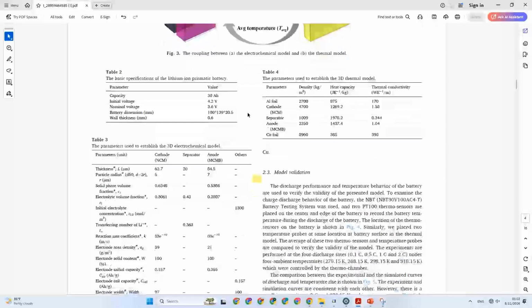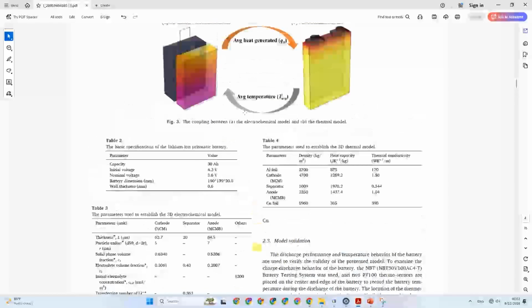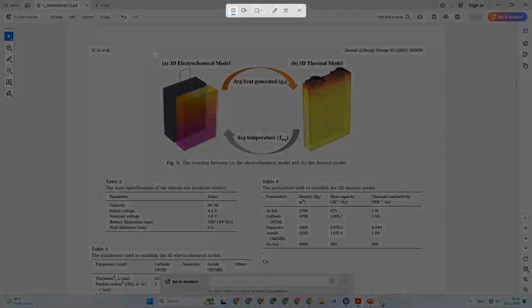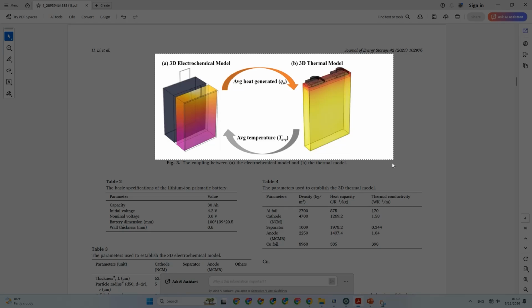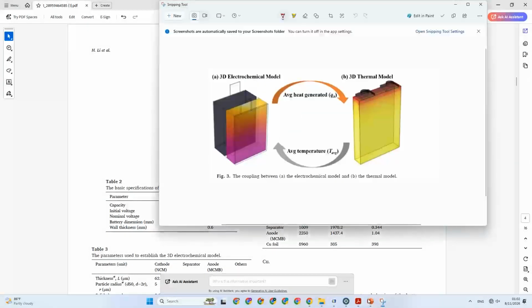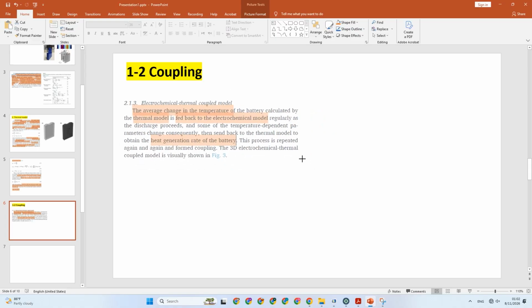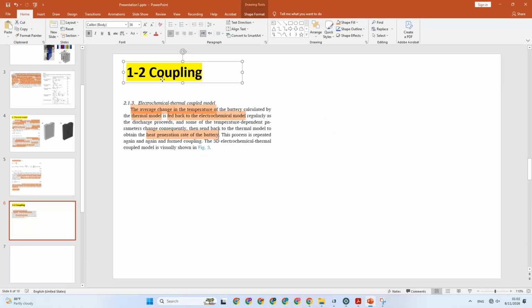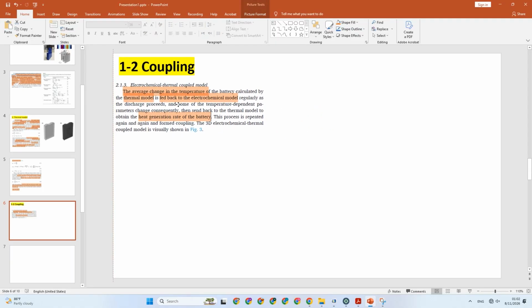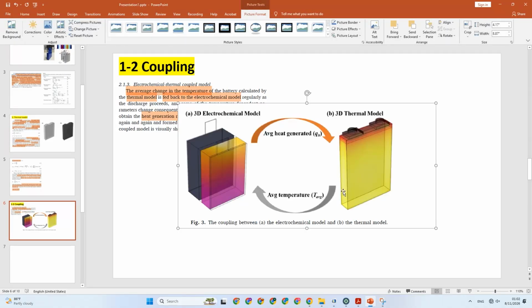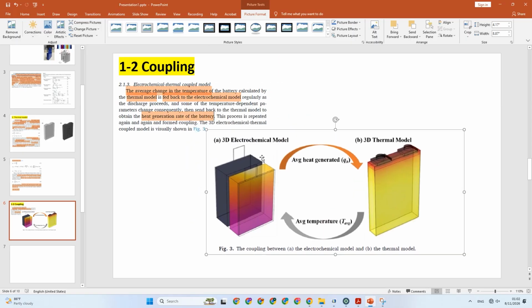Okay, let me bring this coupling schematic. Nice.